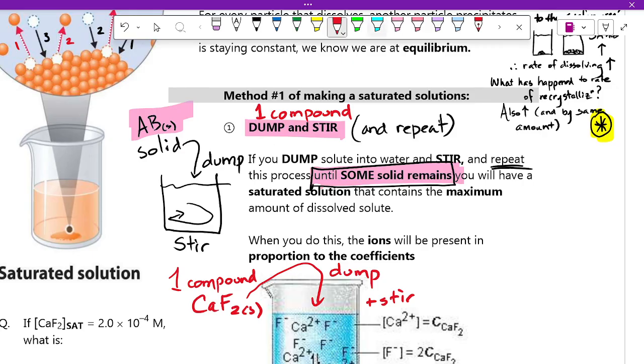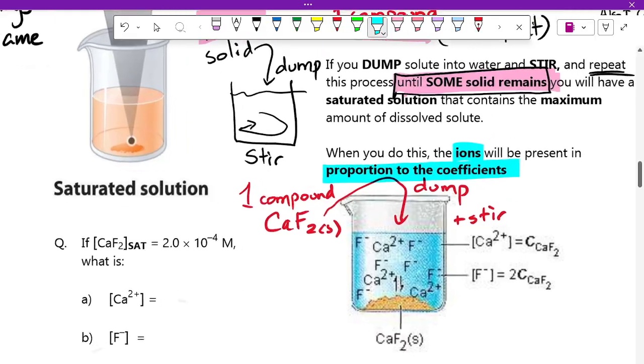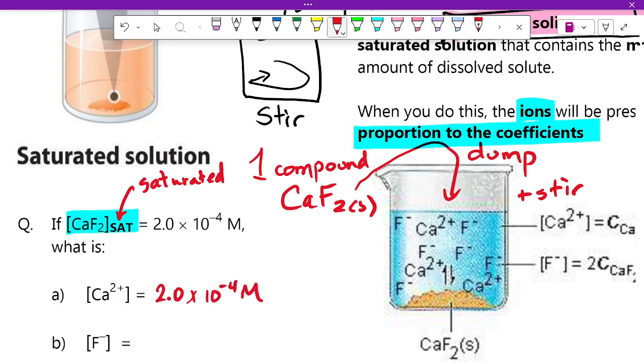And because it's dump and stir, the ions are proportional to the coefficients. So if our concentration of calcium fluoride, sat, what does that sat stand for? Saturated, is 2 times 10 to the negative 4 molar, what is the concentration of calcium? 2 times 10 to the negative 4 molar.